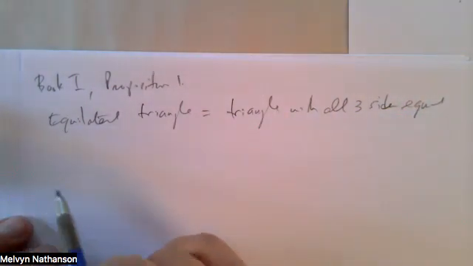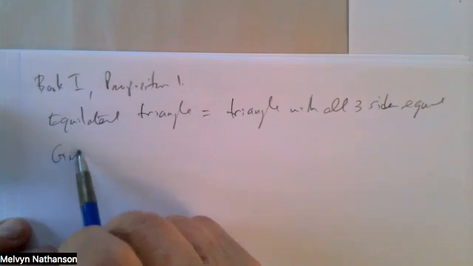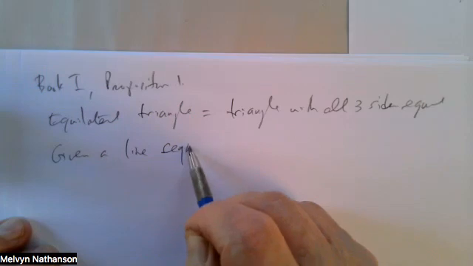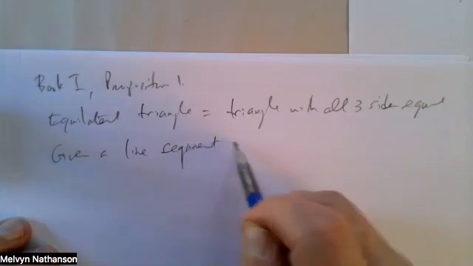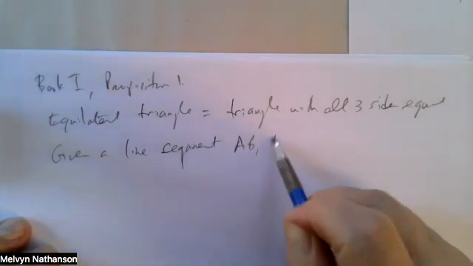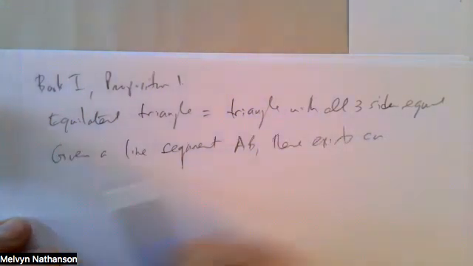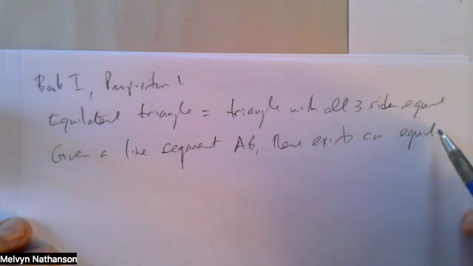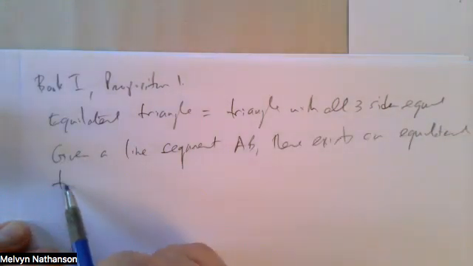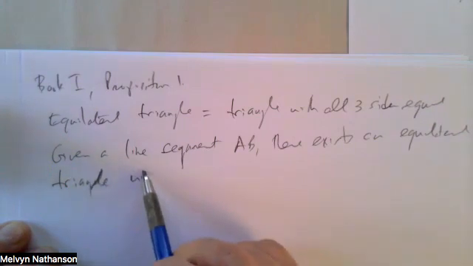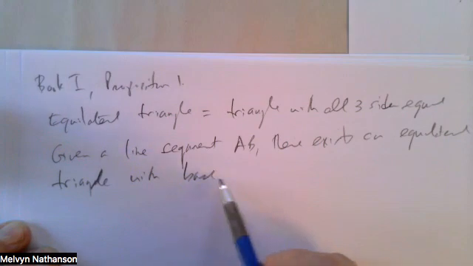And the proposition says, given a line segment AB, there exists an equilateral triangle with base AB.